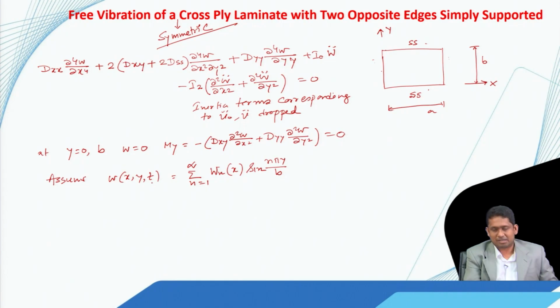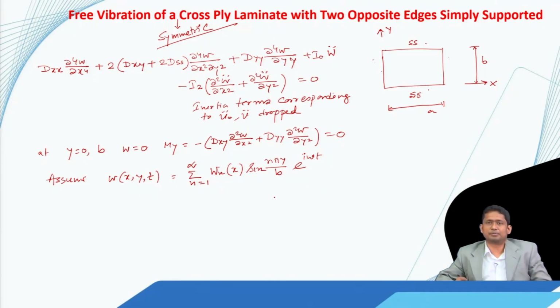Now this is a function of time also. So t is there, and for that we write it as e to the power i omega t, assuming harmonic solution. So w is a function of x, y and t, and so we are writing it as a function of x, function of y and function of t. Now function of y and function of t is known to me, but function of x I am keeping free right now.